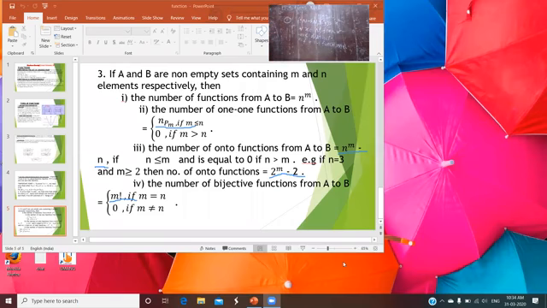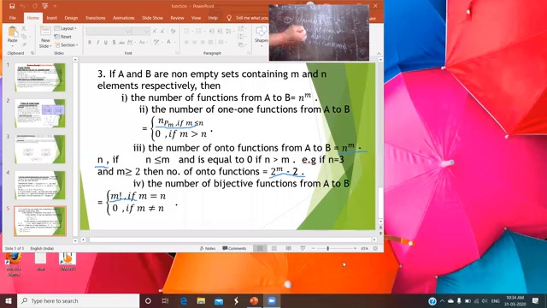Now you have to check for an onto function. For an onto function, what is the condition? There is no element left in the codomain whose pre-image does not exist in the domain of f. Means all the elements of the codomain are involved.